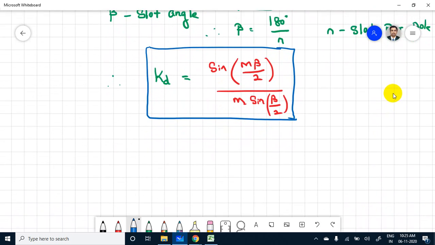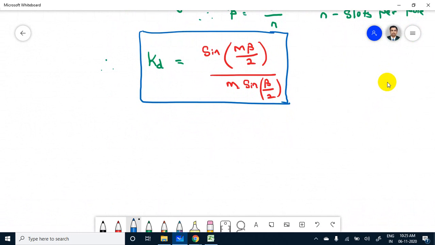Okay, now if we find Kc and Kd using these two formulas, then only we can write the equation EMF equal to 4.44 Kc Kd into f phi T phase.